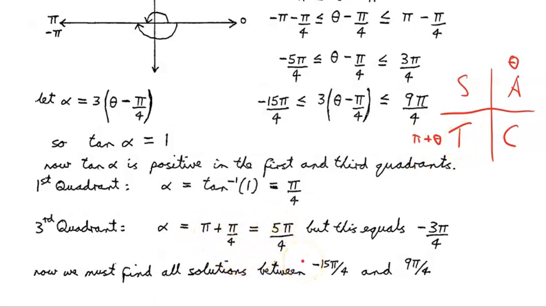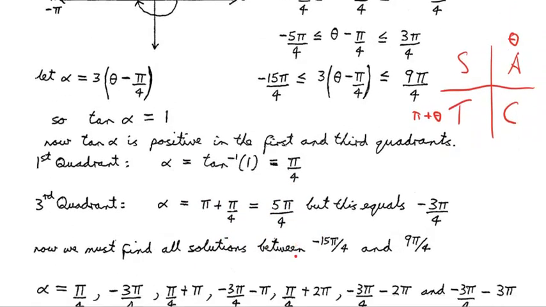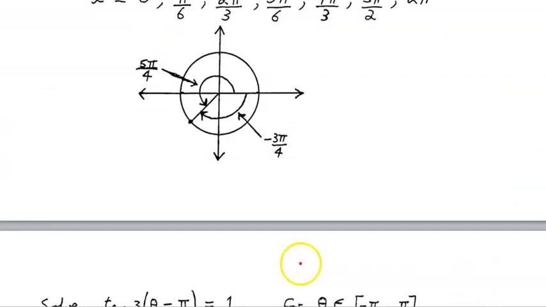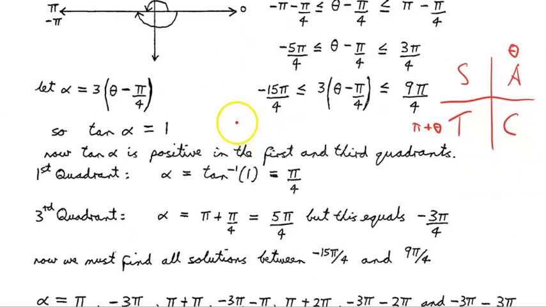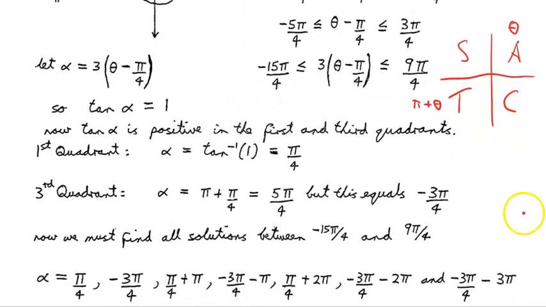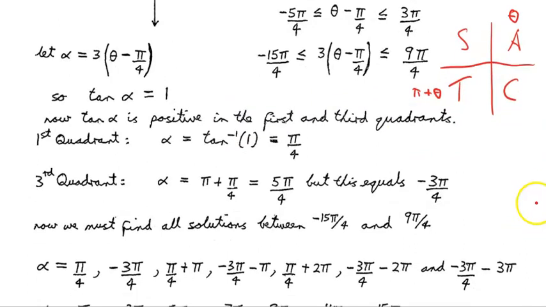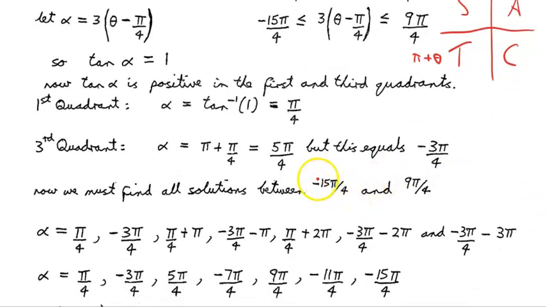Now 5 pi on 4, if you remember, we had that just up here. 5 pi on 4 is the same as minus 3 pi on 4. So just be aware of that. You need to look for that at times. Now we must find all the solutions between minus 15 pi on 4 and 9 pi on 4.